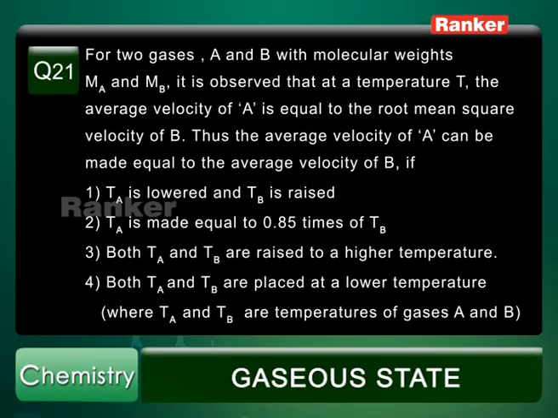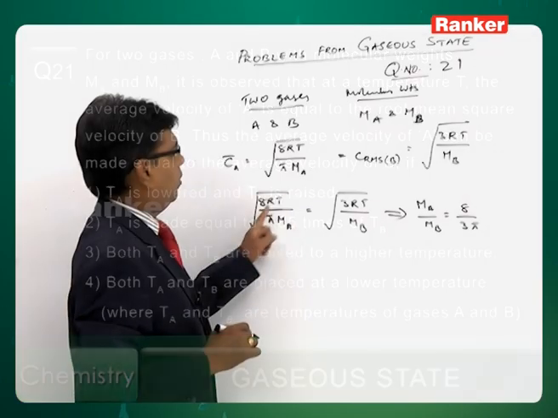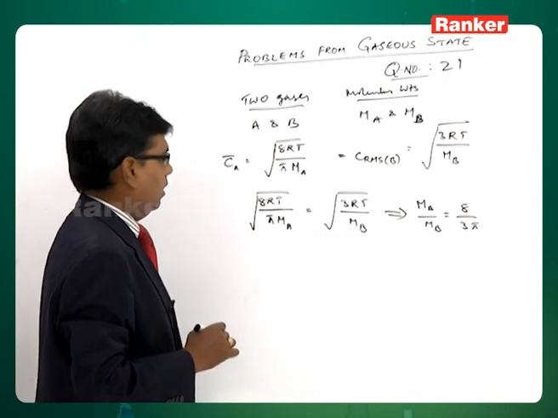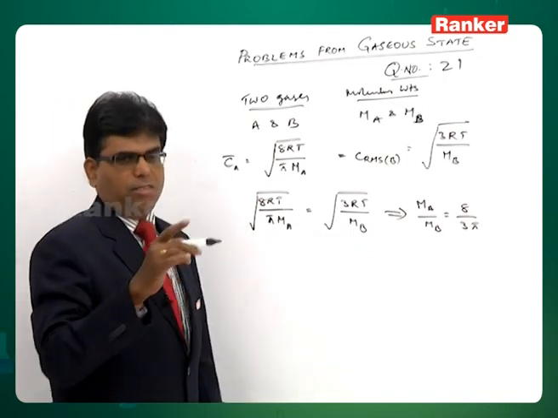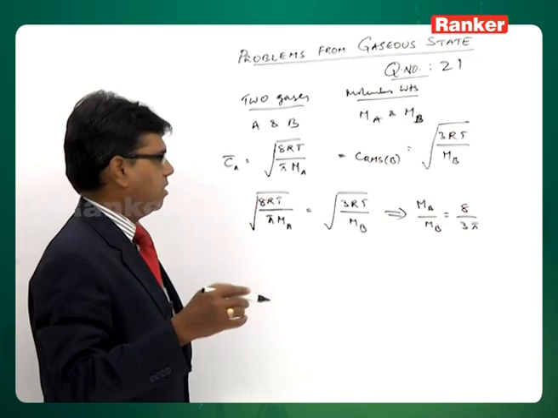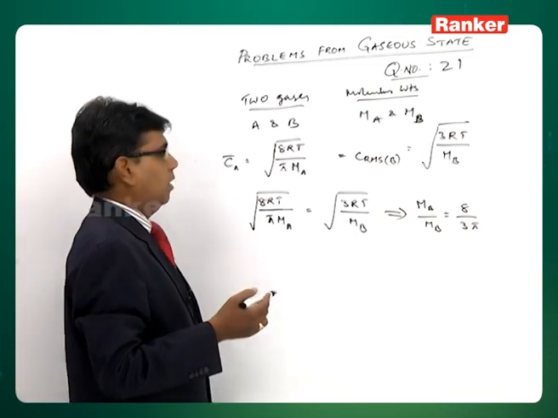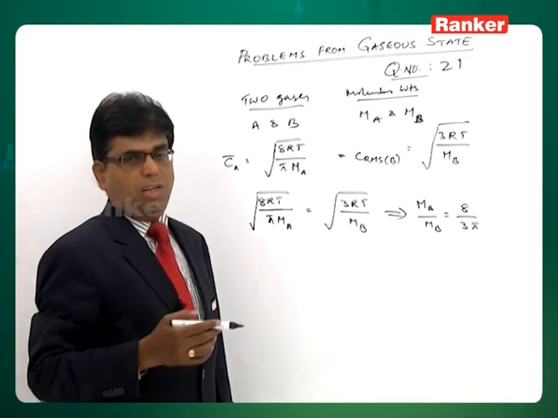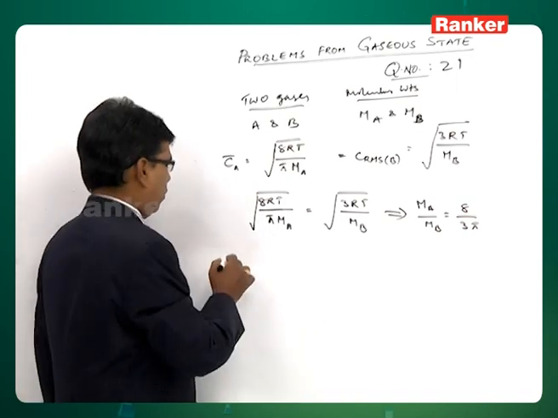And the average velocity of A can be made equal to the average velocity of B. Here average velocity is equal to RMS velocity. Then under what conditions, that means whether increase in temperature or decrease in temperature, can the average velocity of A be made equal to that of B?